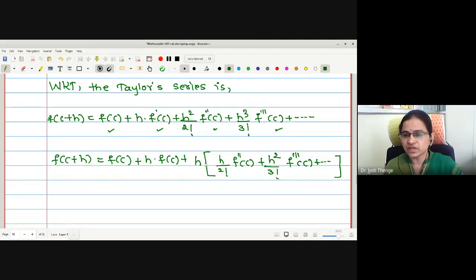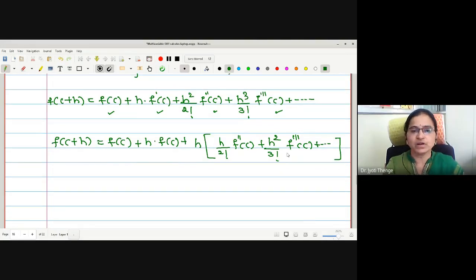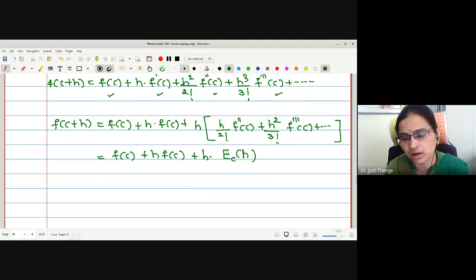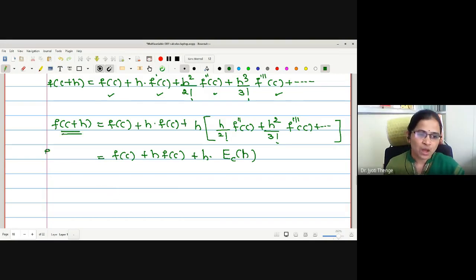Whatever is this remaining term, we will call an error term and denote it by E c of h, the error at the point c due to this increment h, because we want to find out f of c plus h.